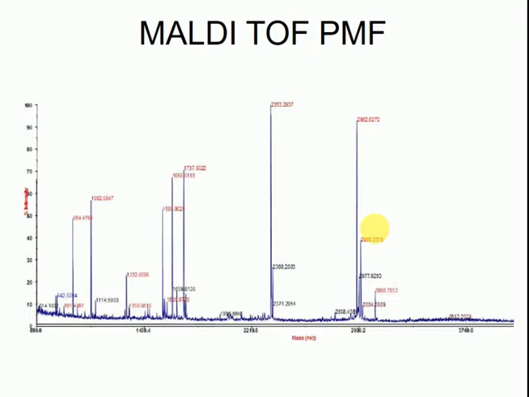And then the algorithm will take all of those proteins and do an in silico digest, so work out what would the tryptic peptides be if we looked at these proteins. And then it takes those theoretical masses of the peptide and compares them with what you've actually got in your spectrum. Okay, and when it matches a number of peaks, it says, okay, this is the protein that we've got.